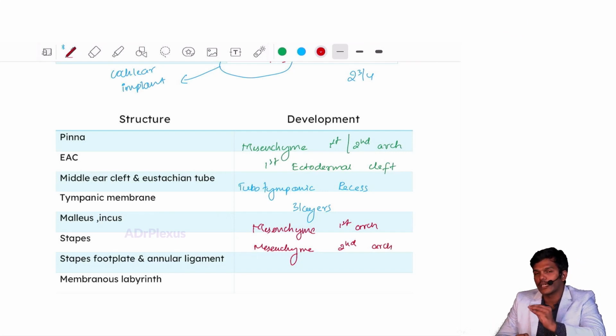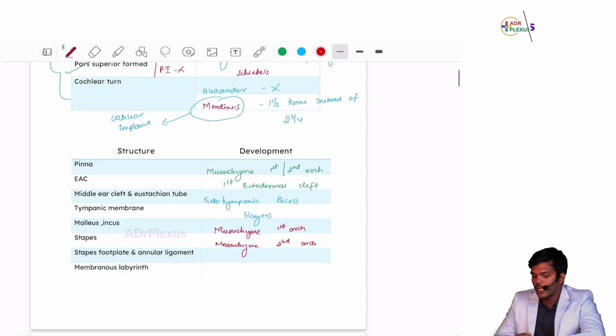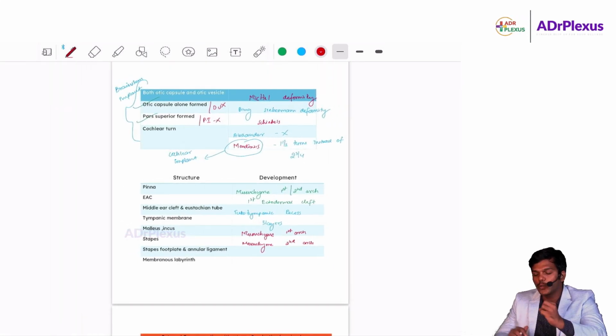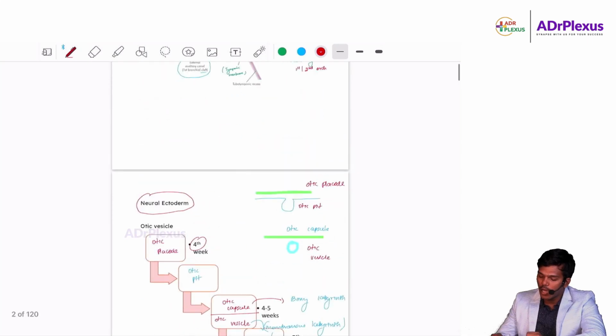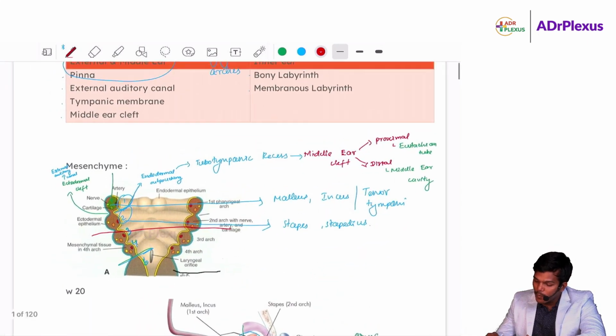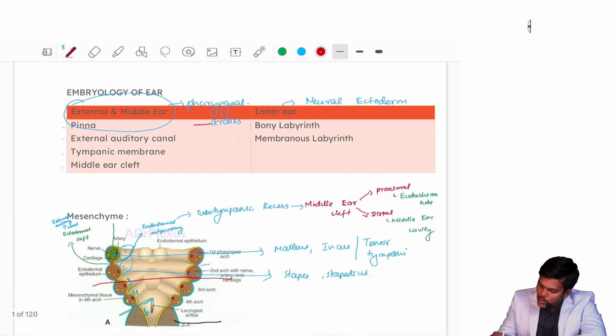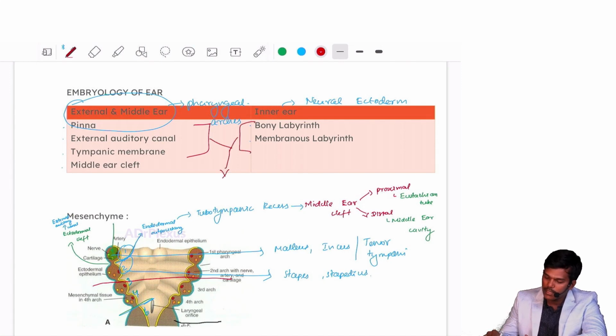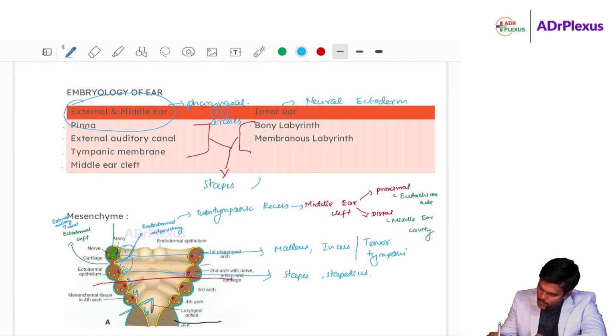Now the thing which I didn't tell you these many times: if there are two separate embryological origins, there will be a meeting point of these two embryological origins. That meeting point is the stapes footplate and annular ligament.